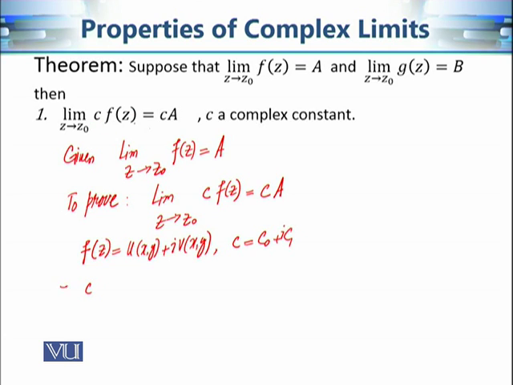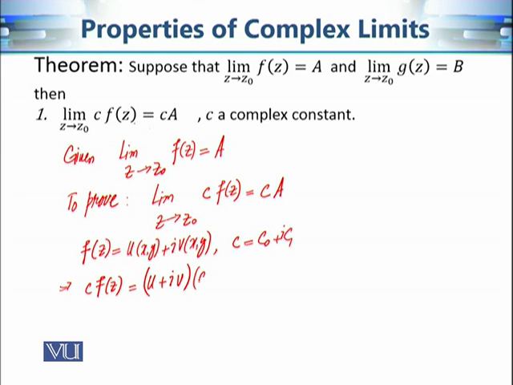So this implies that c f of z is equal to u. Let's just write down u instead of u of xy, so it will simplify the calculations.